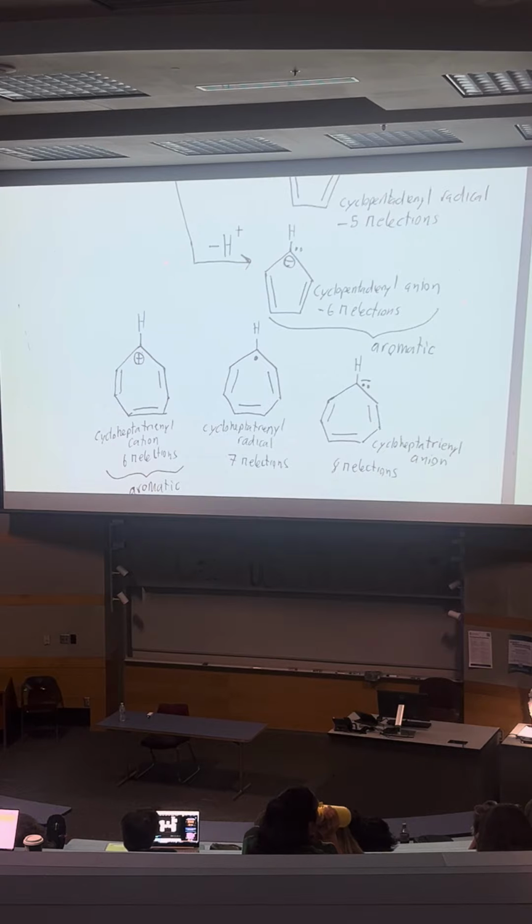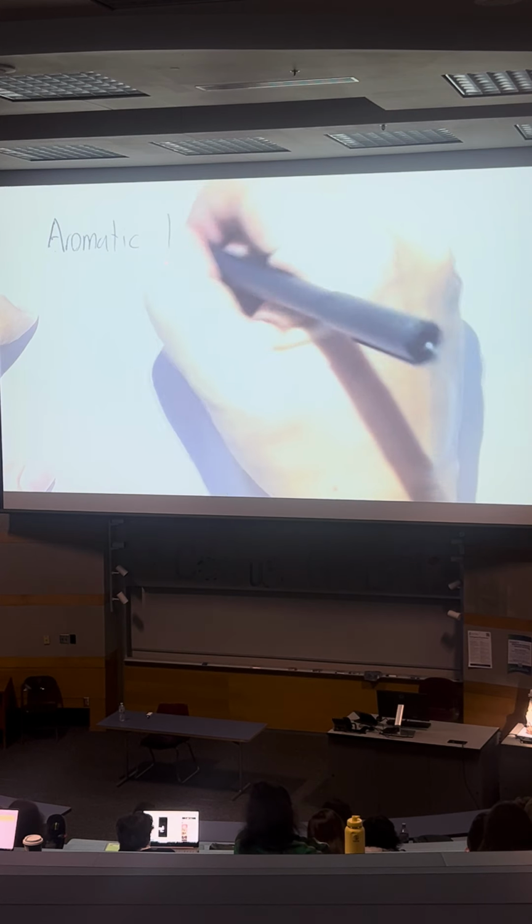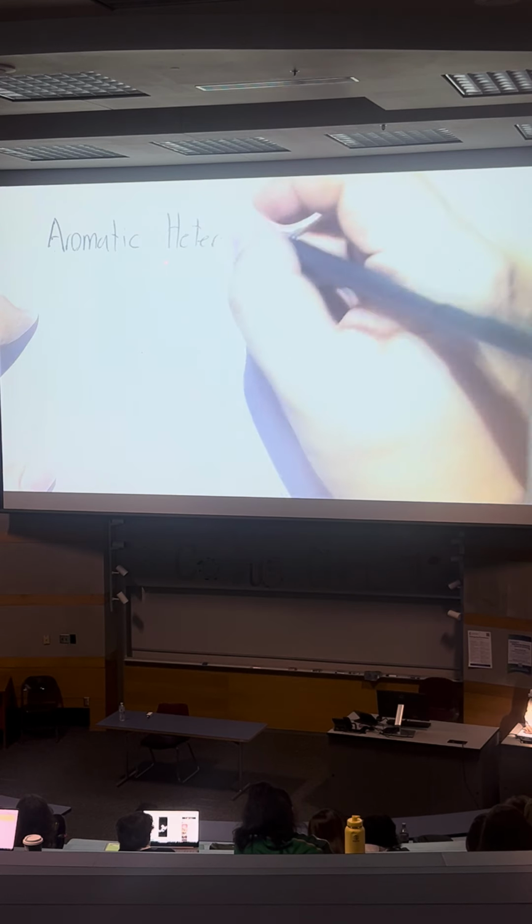And so that example is going to be an example of what we call an aromatic heterocycle. All right? And aromatic heterocycles, unlike the molecules that we've been dealing with right now, are going to be comprised of rings that have other atoms in them that are not carbon.